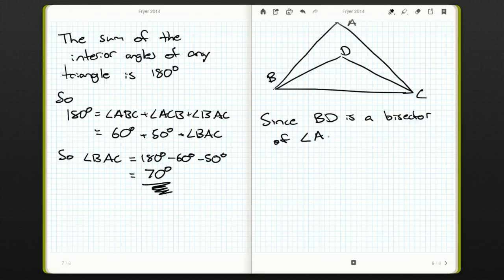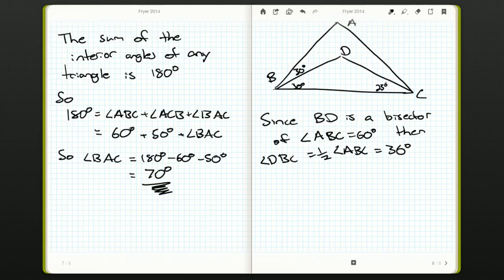Now, since BD bisects the angle ABC, then the angle on both sides is going to be a half of 60. So DBC is going to be 1/2 of angle ABC, and that'll be 30 degrees. So we have 30 degrees here, we also get a 30 degrees up here. And likewise on this side, we're going to split this angle of 50, we'll get 25 degrees and 25 degrees.